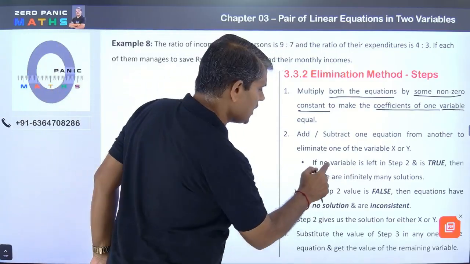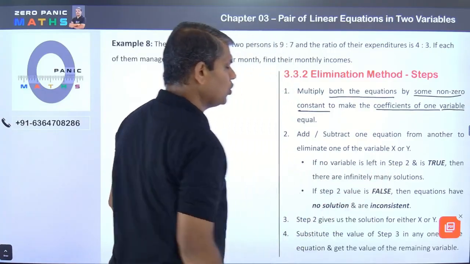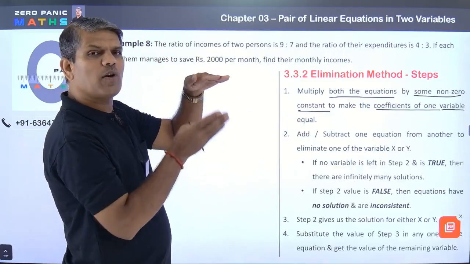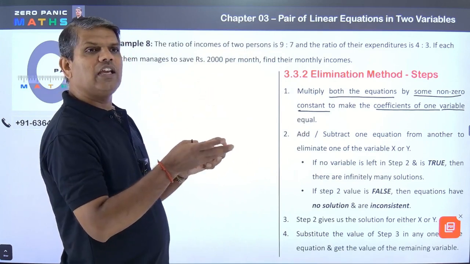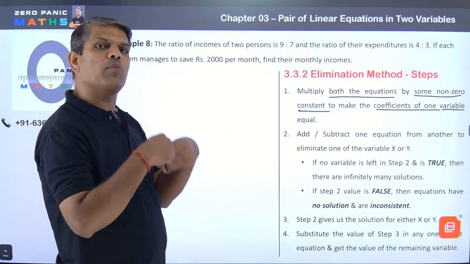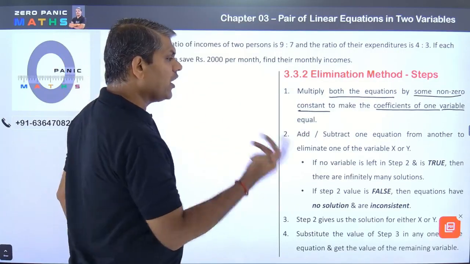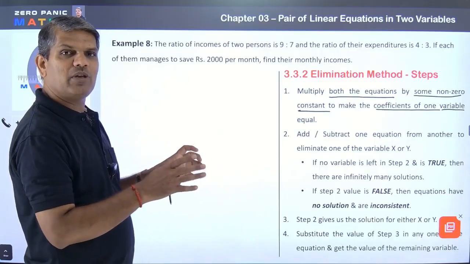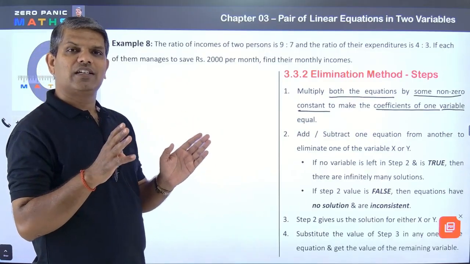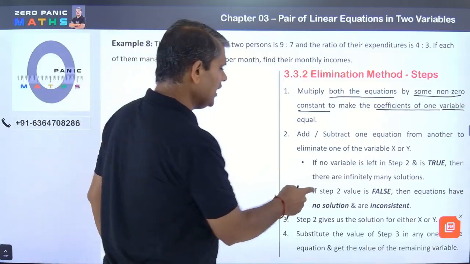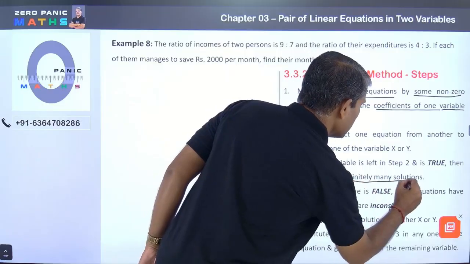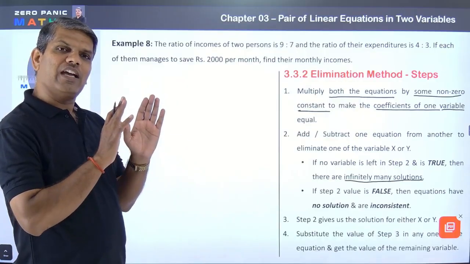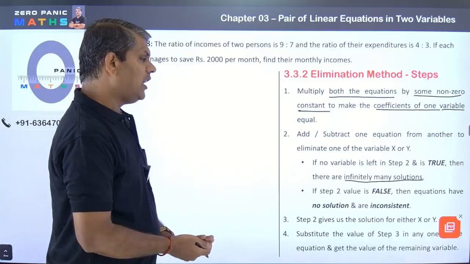If no variable is left in step 2, suppose x and y both got eliminated, and the resulting equation is true, then it means the equations have infinitely many solutions. We assume that those equations are consistent and they have infinitely many solutions.